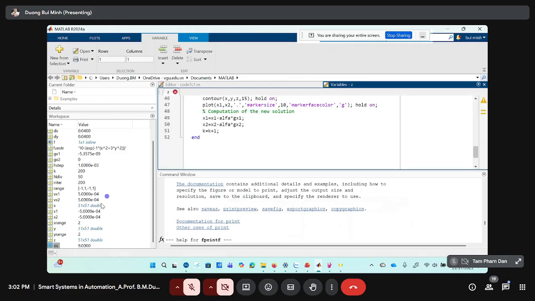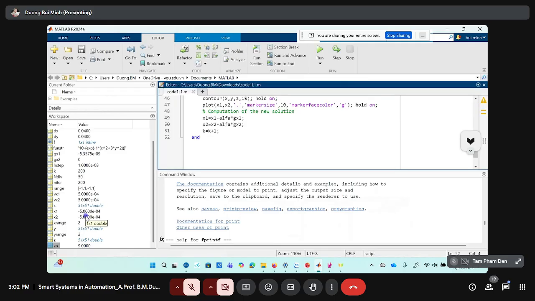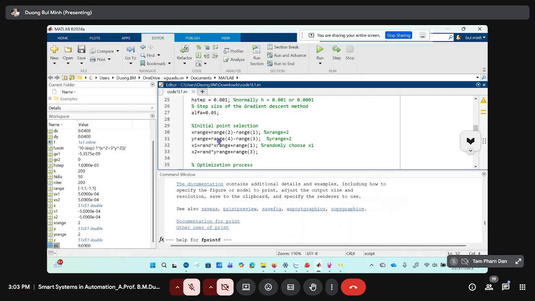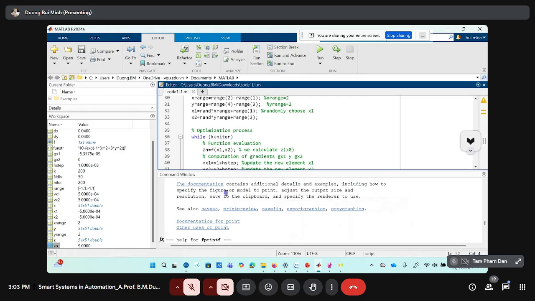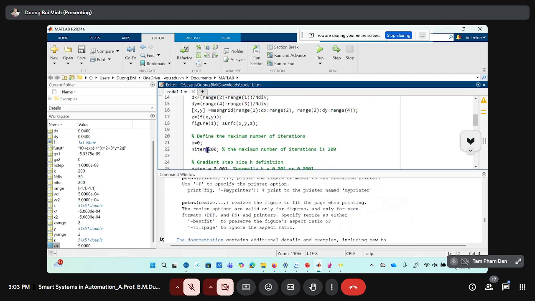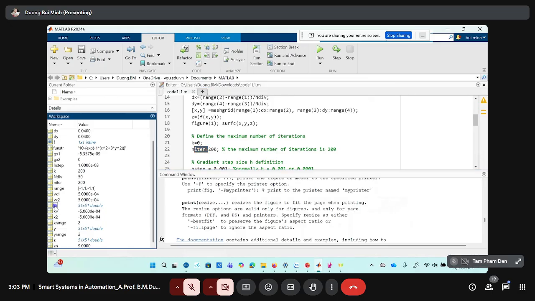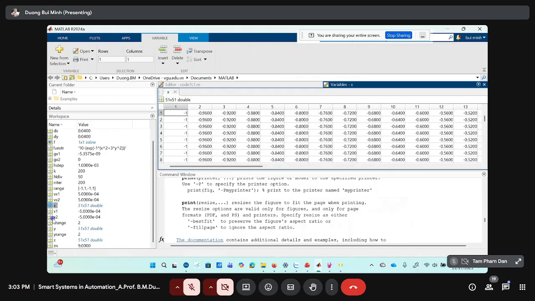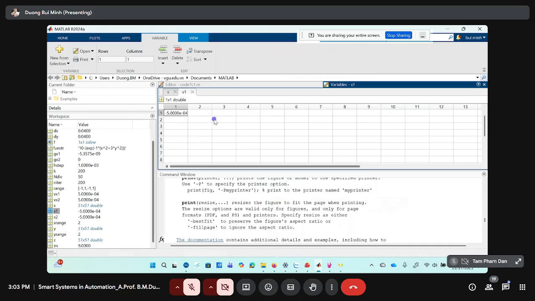How about the optimal solution? After 200 iterations, x1 is 5 times e to the power of minus 4, so nearly 0, and x2 is also nearly 0.